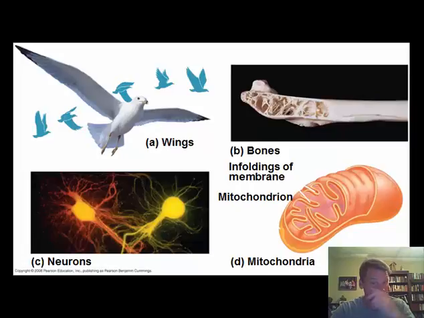So we can see that in a few examples right here. The bone here of this bird's wing is hollow and aerodynamic, and that design or that structure relates to the function of flight for the bird. If it was not aerodynamic and hollow like this, the bird would not have that ability of function.